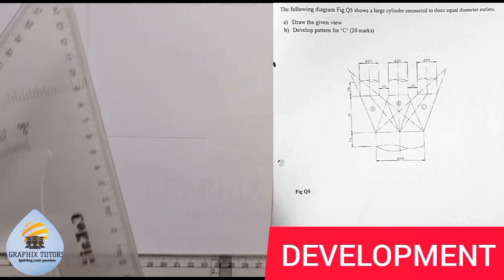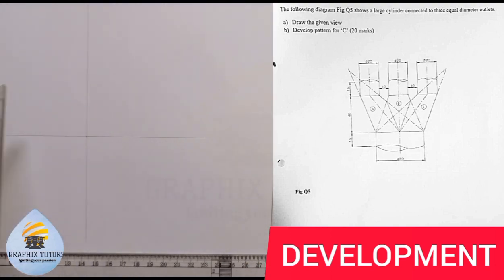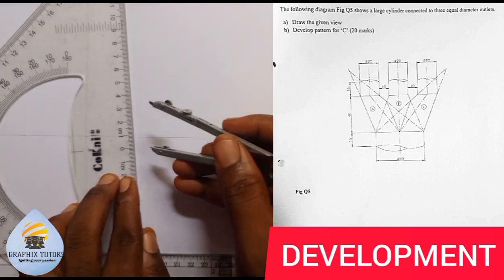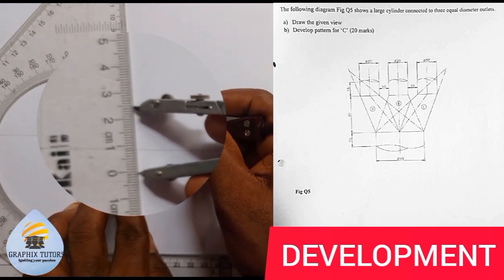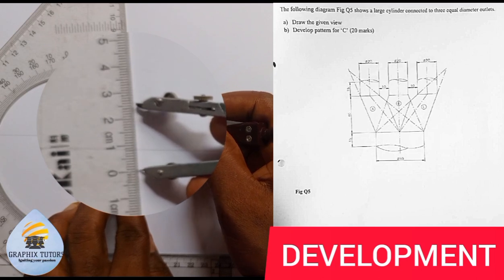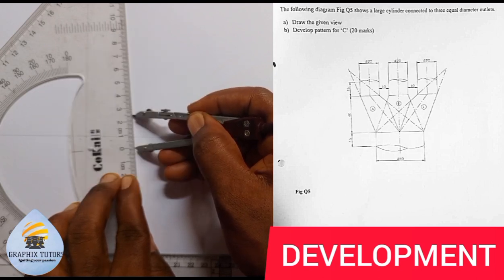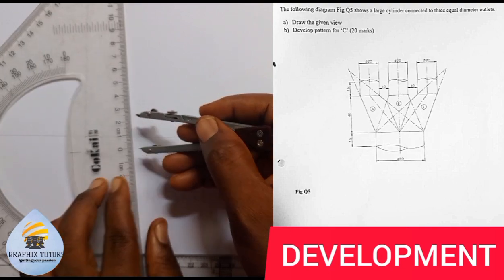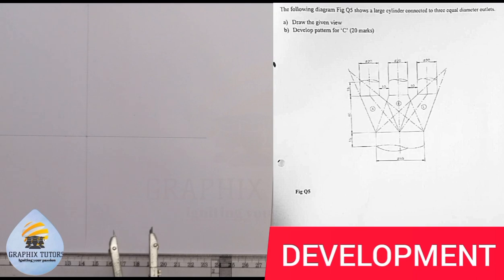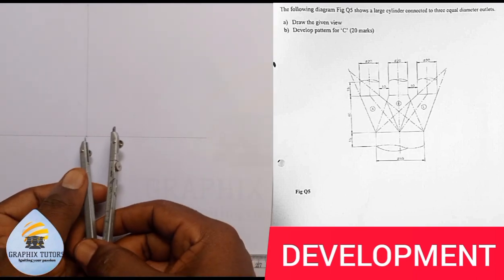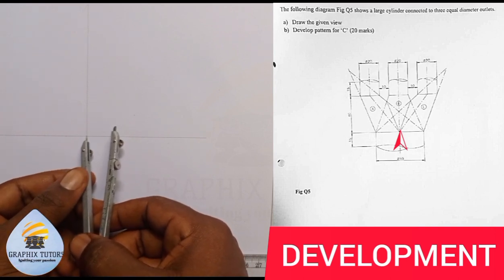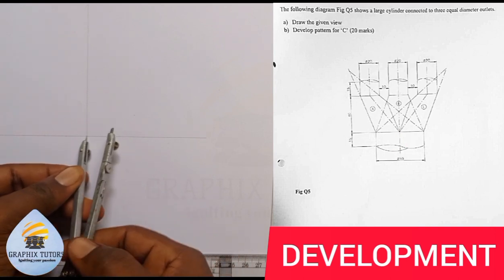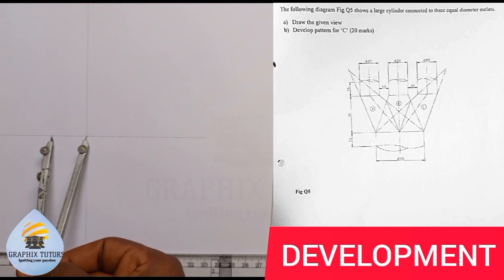So you measure 25 on your meter rule from 0 to 25 millimeter, that is 2.5 centimeter, equivalent to 25 millimeter. I will come to the center here, which my arrow is pointing to on the screen, and go from here to the right 25, and to the left 25.